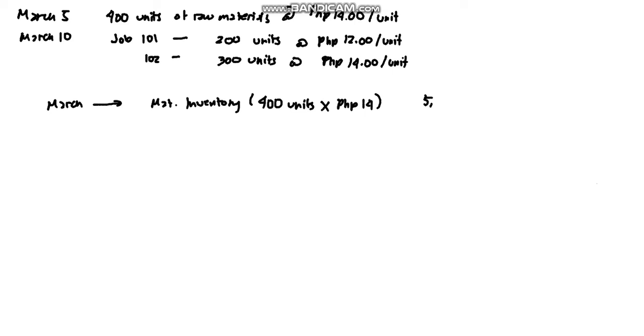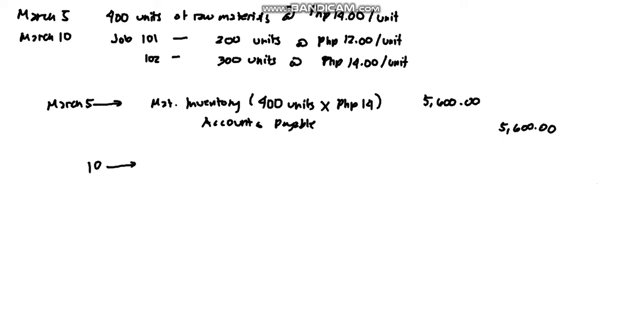So that's debit 5,600 pesos, and accounts payable, assuming that this has not been paid yet. Similarly, 5,600 pesos. Okay, that's March 5.